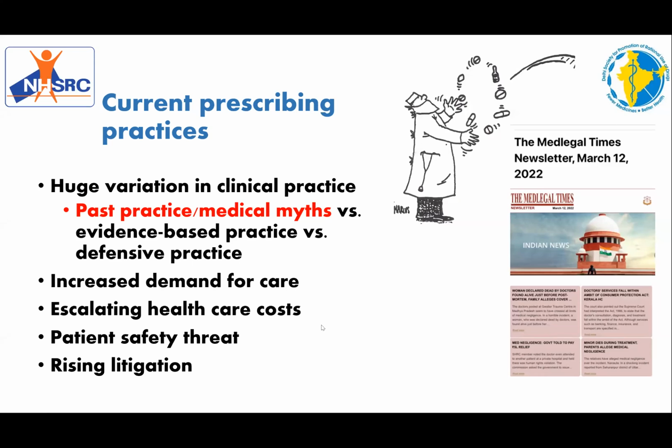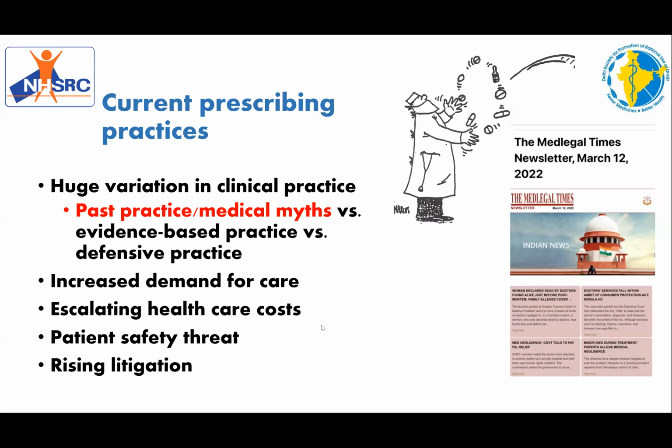But I think we cannot generalize these statements because all patients are not the same. Every investigation or drug we add for the patients, justified or not justified, adds to the healthcare cost. And of course, irrational use of medicines is a patient safety threat.